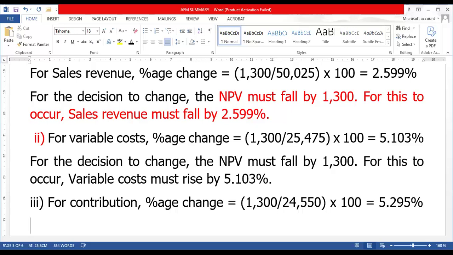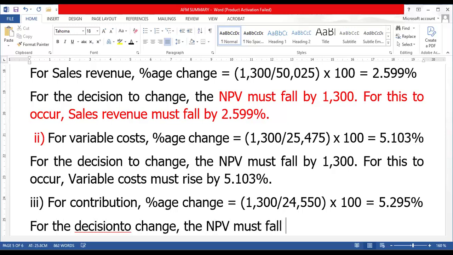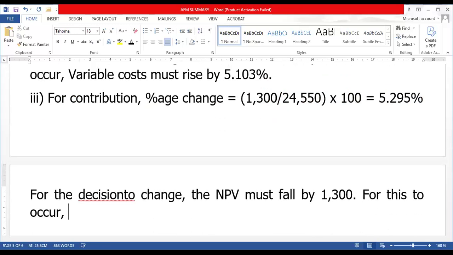Okay. So for the comment on the decision, is contribution an inflow or an outflow? For contribution to change, the NPV must fall by 1,300. For this to occur, contribution must do what? Rise or fall?